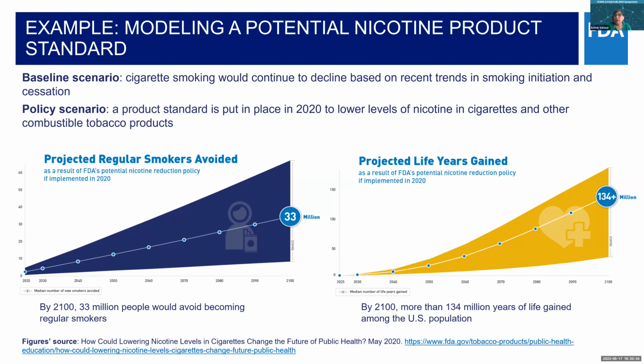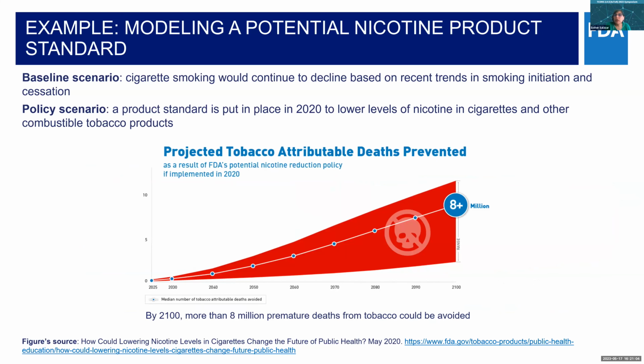The model estimates that about 1.4% of the US adult population would smoke cigarettes by the end of the century, in part because more than 33 million people will avoid becoming regular smokers. According to the model estimates and considering data from expert input, the potential product standard will result in more than 134 million years of life gained by the end of the century.